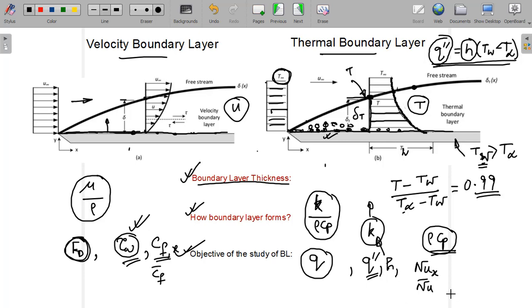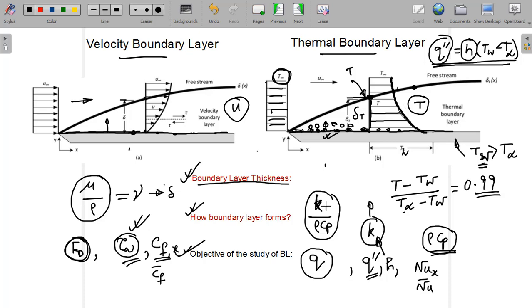Okay, we'll see what all these quantities are, but right now one more thing: mu by rho was the momentum diffusivity or the kinematic viscosity, as you know, which was responsible for the thickness of the boundary layer in the velocity boundary layer.